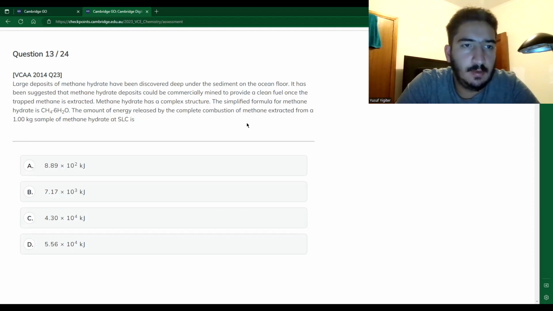1 kilogram sample of methane from methane hydrate. Okay. Wait, did I even need to do this? No, but I needed the... so confused.